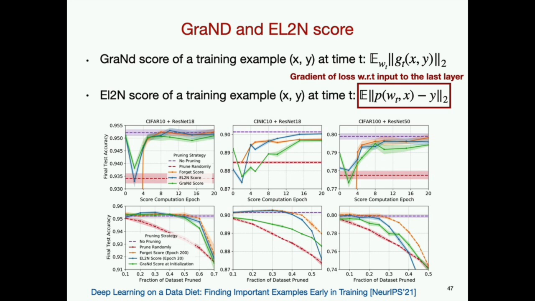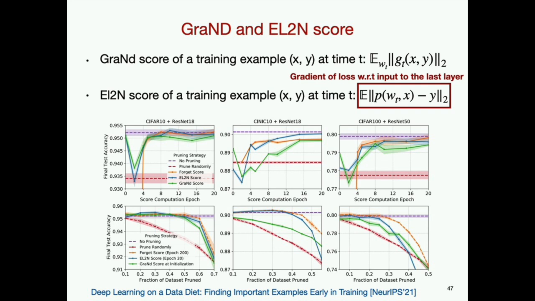We calculate the average gradient norm of different examples. And when I say gradient norm, you can think of the gradient that I was using, the last layer gradient, the norm of the logits, right? We calculate the expected norm of the logits for all the examples over these 10 different training runs. We choose the examples with the largest expected gradient norm.